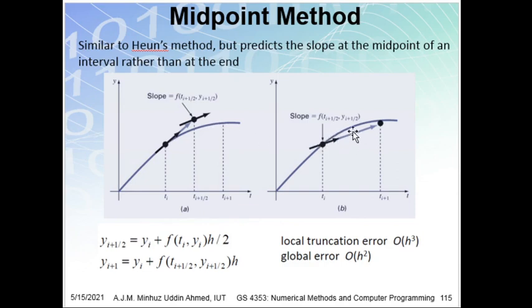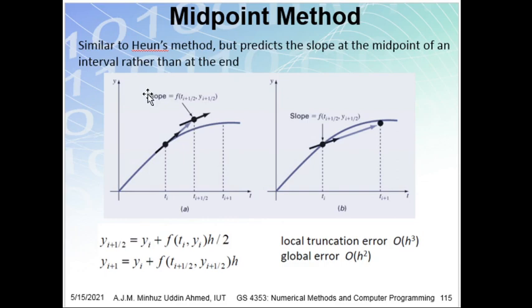As you can see here, the slope in the incremental function, as we saw in the Euler case, will be replaced by the slope at the midpoint of the interval. That is the only difference. So whenever we calculate, first we have to evaluate this point.